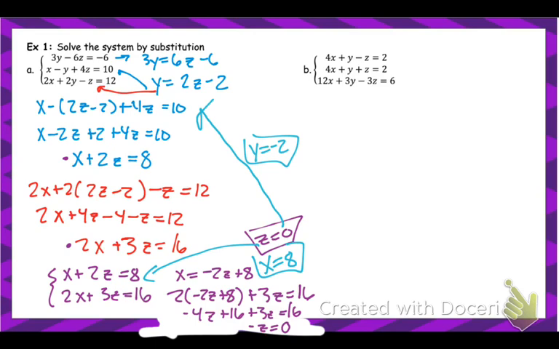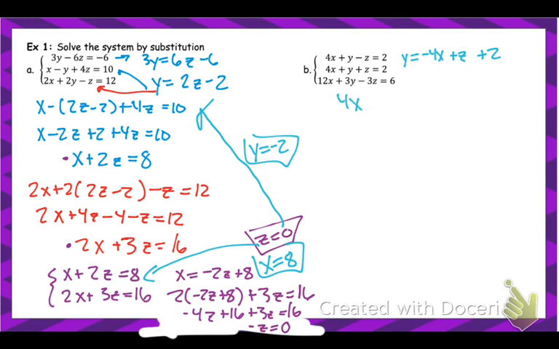So again, we're going to solve for one variable in one of those equations. In this case, let's solve for y in the first equation. So I'm going to get that y equals negative 4x plus z plus 2. I'm going to take that and plug it into the next equation.